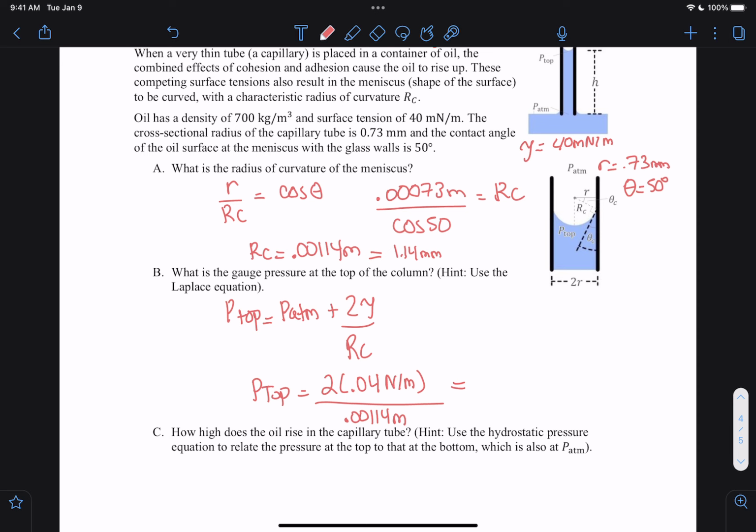That's weird how they have it set up. Okay, so has it P atmosphere is equal to P top plus, but she wrote out the same exact thing that I was talking about, whereas P in is equal to P out. P atmosphere is equal to P top plus rho g h.